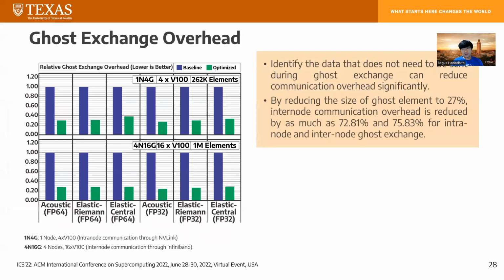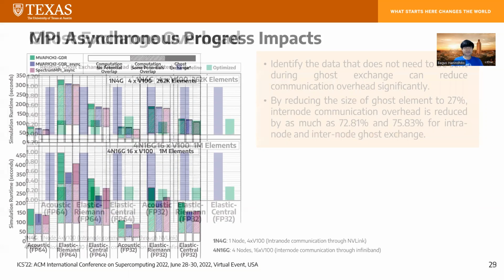And we try to reduce this ghost element to 27% of its original size. And by reducing these ghost elements, we can reduce the communication overhead by 75.81% and 75.83% for intranode and internode ghost exchange.